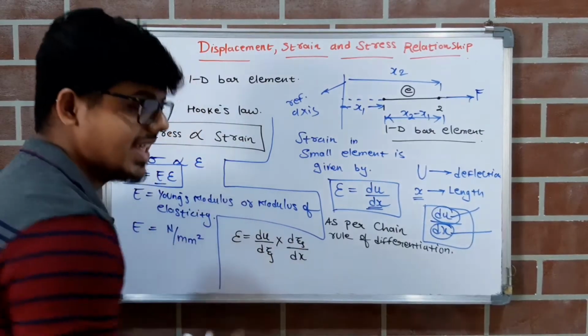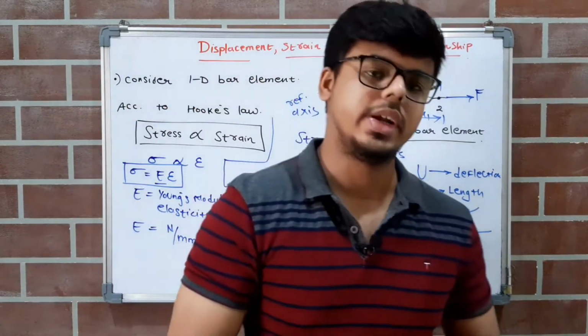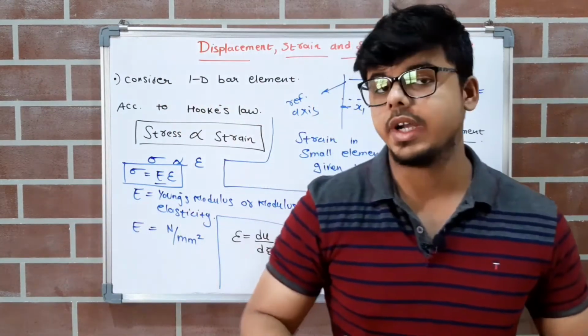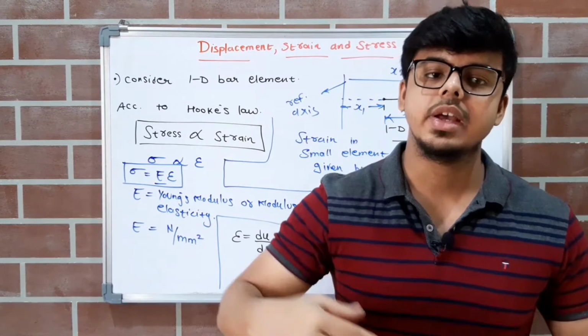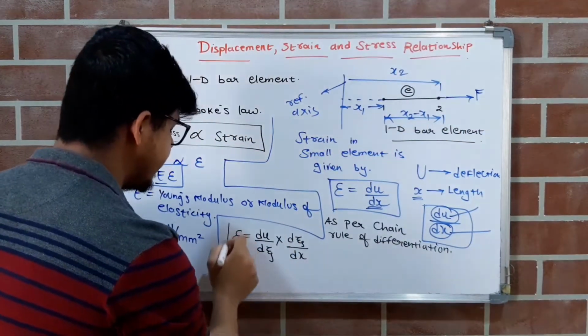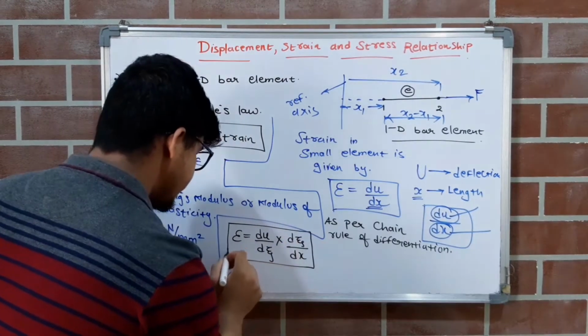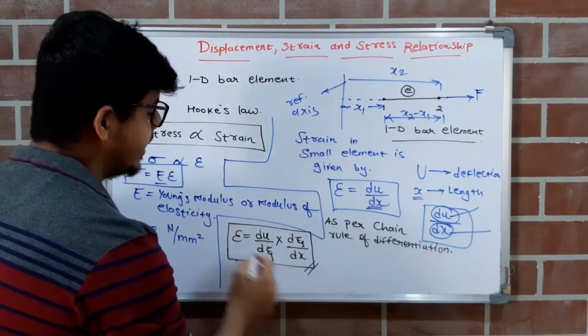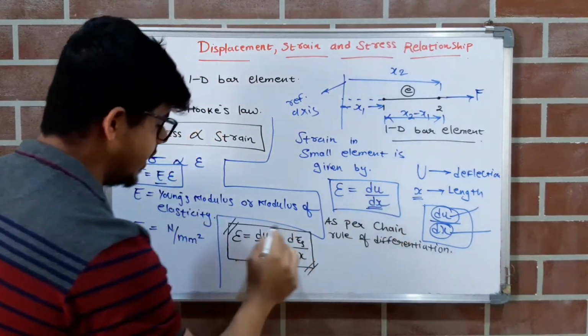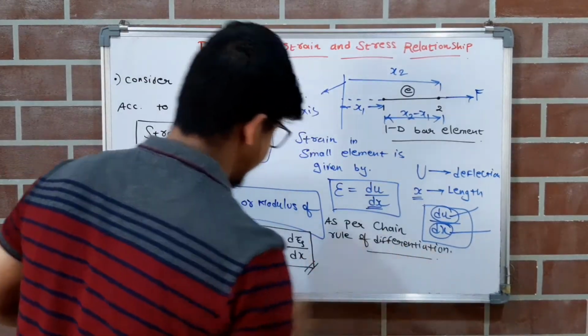Now what is this zeta? Zeta is the natural coordinate. The significance of the natural coordinate, shape function and different types of coordinate systems I will explain in a separate video, right? But for now, just remember zeta is the natural coordinate. So this is how we can convert our local coordinate component into the natural coordinate by using the chain rule of differentiation.